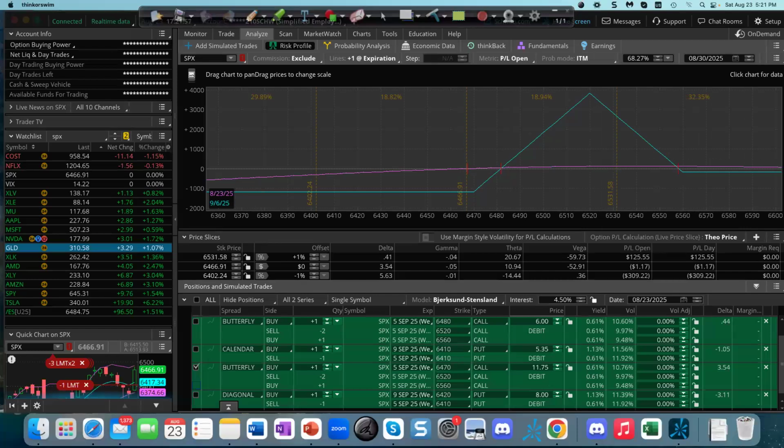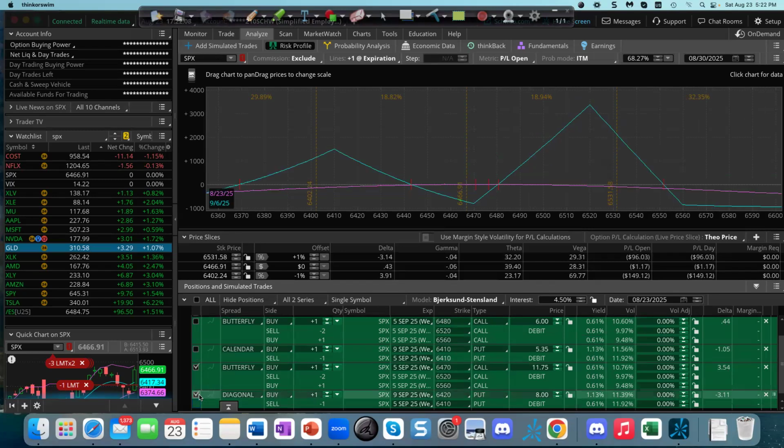This is a broken wing butterfly, as opposed to the balanced butterfly in the previous example. And then I'm going to use a diagonal on the downside instead of a calendar. I'm selling the same strike as the calendar, 64.10, but I'm buying a further out expiration and a strike like 10 points up. So in this example, it's more expensive, with similar results, very low Vega. It's going to cost me more money and give me a little bit more room. And the deltas are close to neutral.